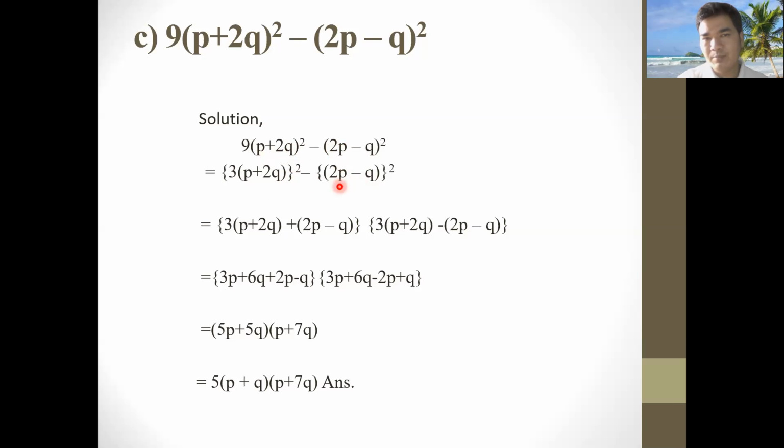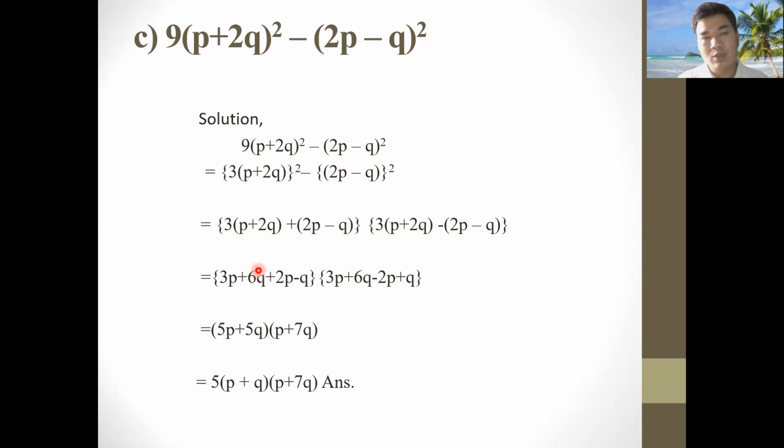A square minus b whole square. Now write a plus b: a means 3 into (p plus 2q), b means 2p minus q. And into, here is a, the same again, but here the sign is minus, a minus b. A means 3 into (p plus 2q) minus the bracket (2p minus q).